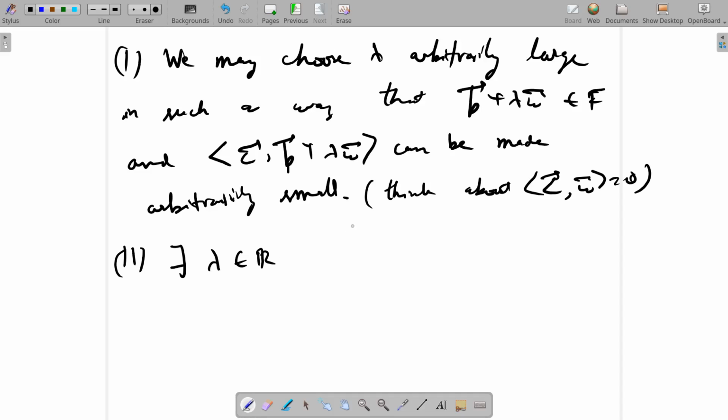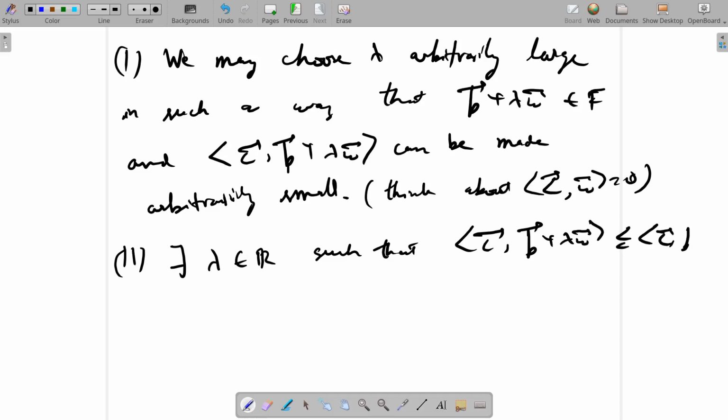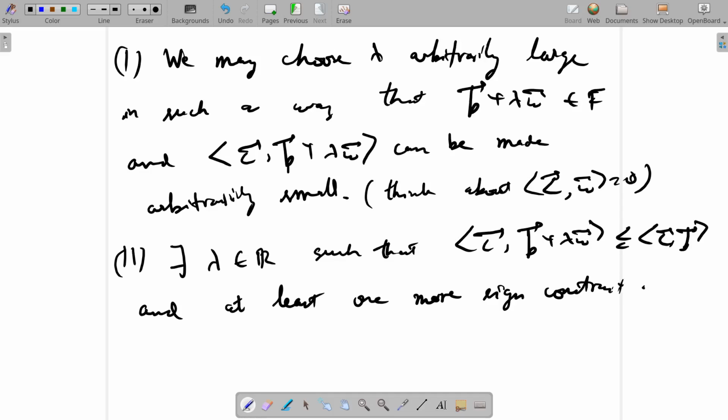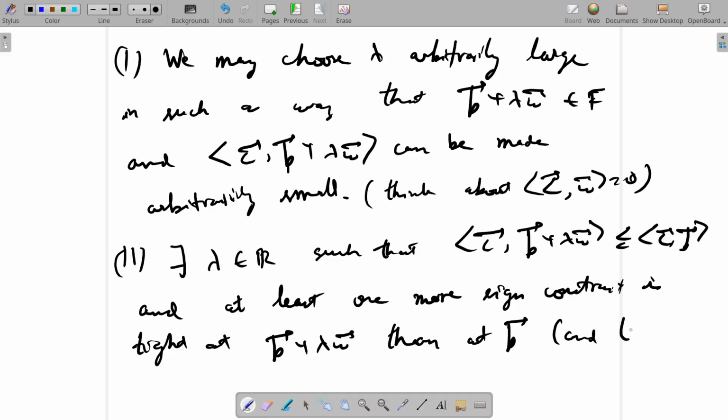Otherwise you have lambda in R such that C dot (P plus lambda W) is less than or equal to C dot P, and at least one more sign constraint is tight at P plus lambda W than at P, and that sign constraint is linearly independent from the constraints in S. So you can add that to S. You can make S a bigger set for P plus lambda W. This is your P star.